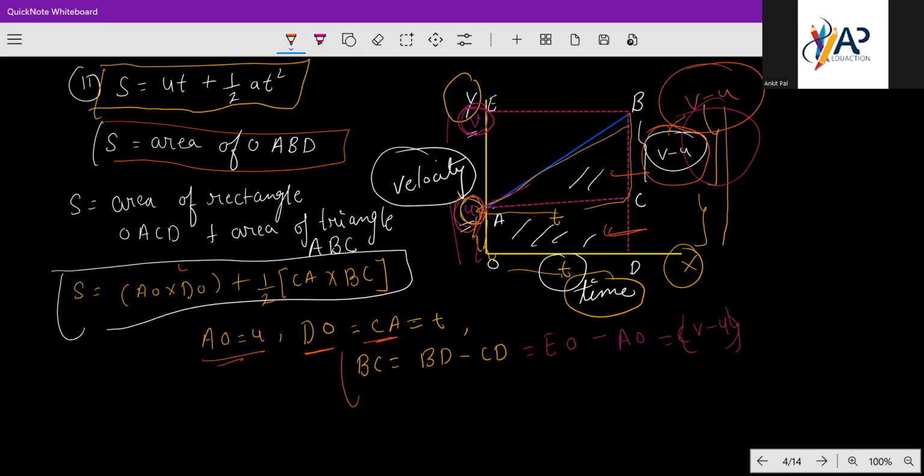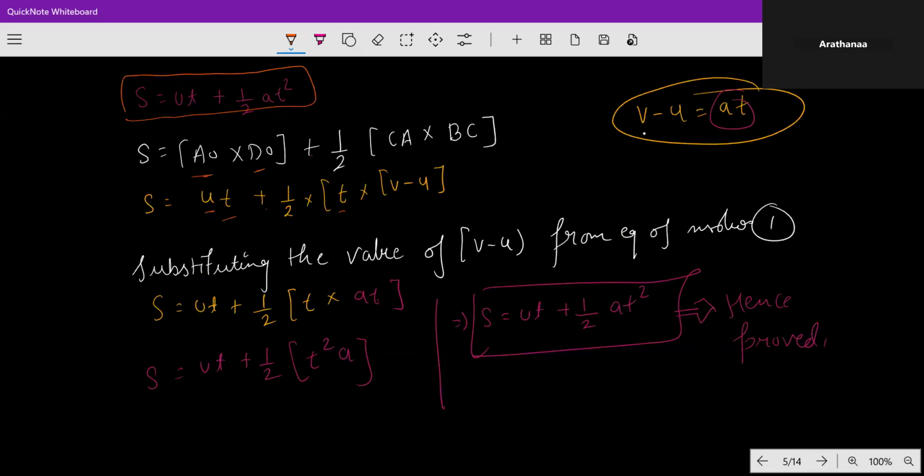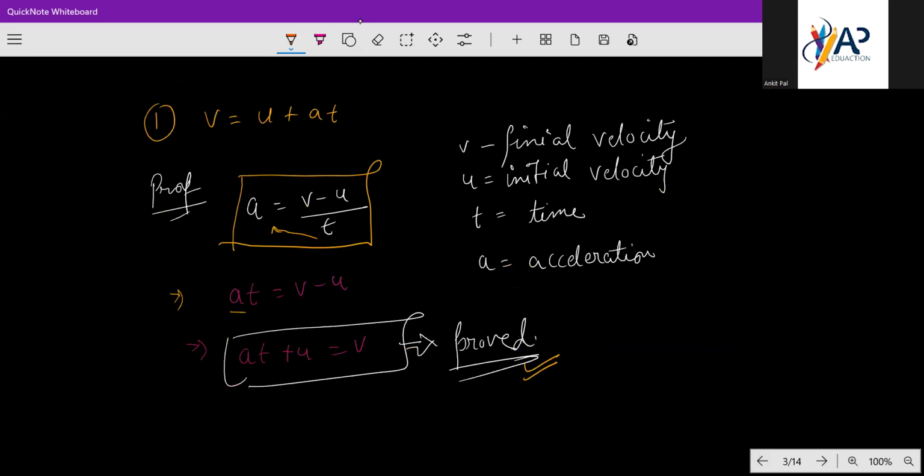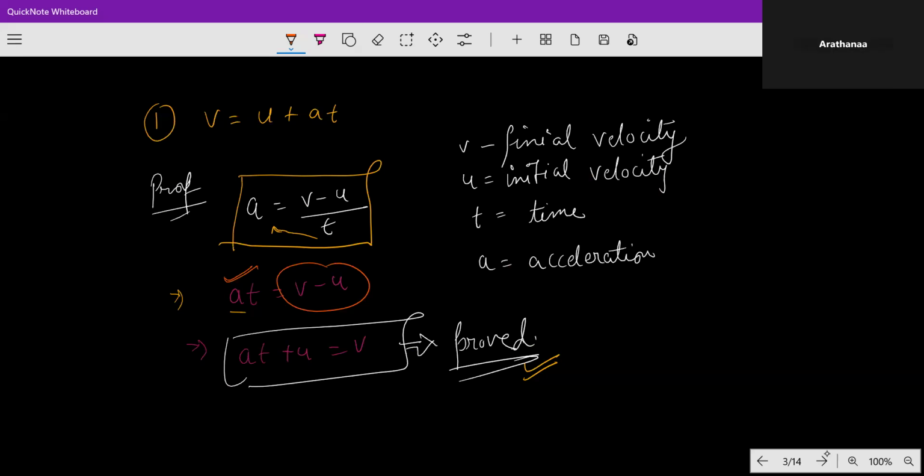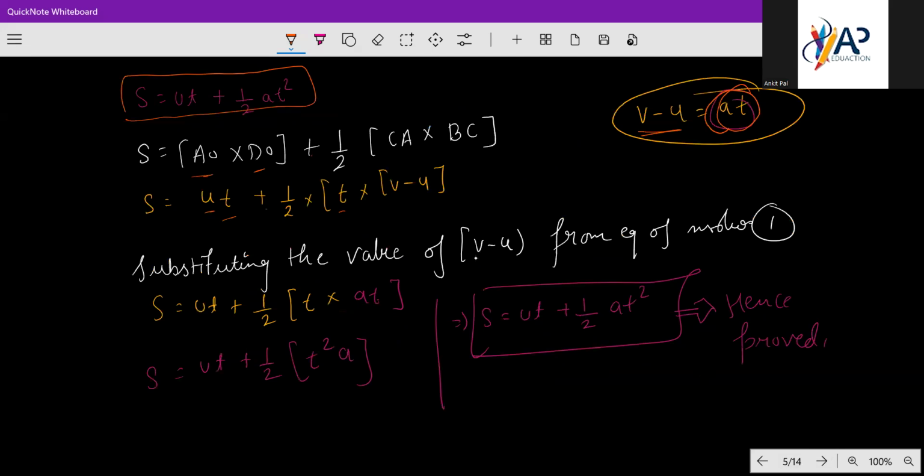We know from the first equation of motion that v minus u is equal to at. Now we substitute the value of v minus u with at.